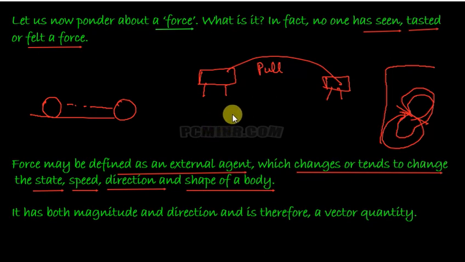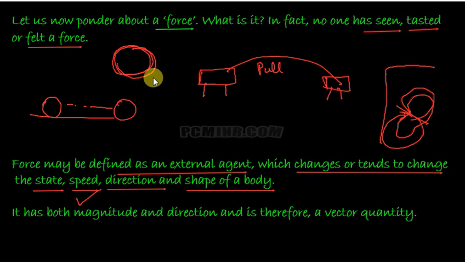Then something is moving, you push it, its velocity increases, you pull it, its velocity decreases. So in any case you are changing the speed of the object. And then the direction, suppose you are turning something round and round, so you're changing the direction continuously.